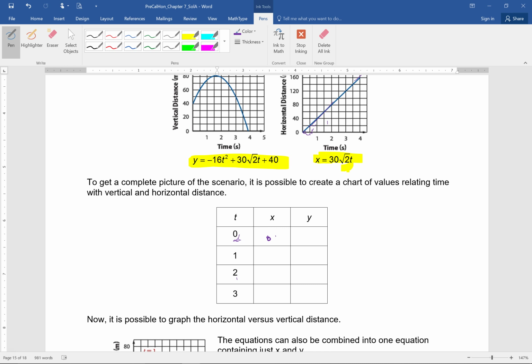I fixed it. So when t equals 1, it's 42.4. And when t equals 2, that's 60 root 2. How much is that? And when t equals 3, it's 127.3.